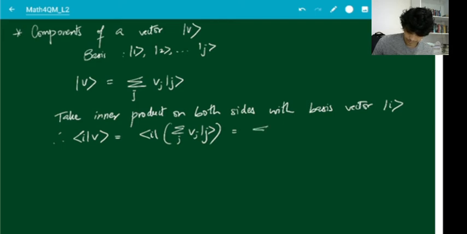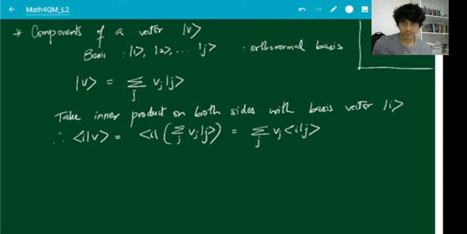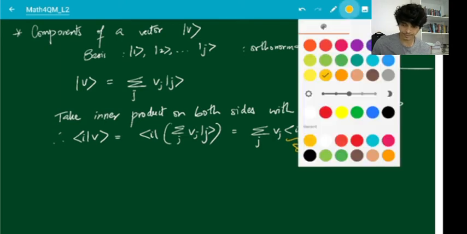The vj's are just numbers on the ket side, so I can pull them out. And once again, if I'm working in an orthonormal basis, then as we saw on the last page, the inner product of i and j is just the Kronecker delta, delta ij.